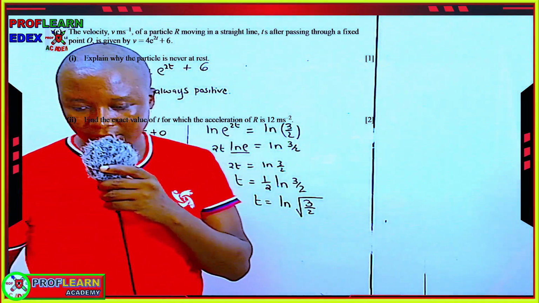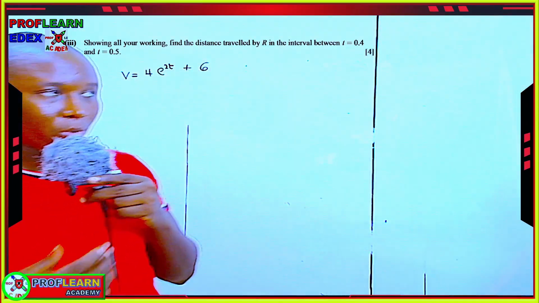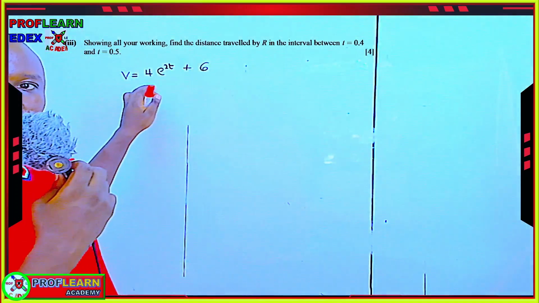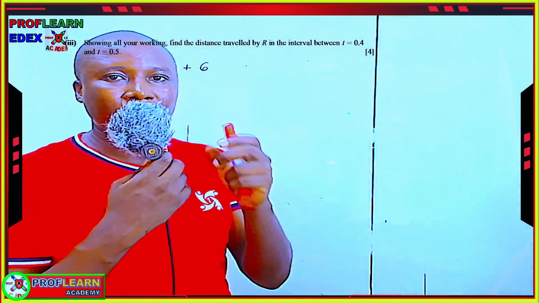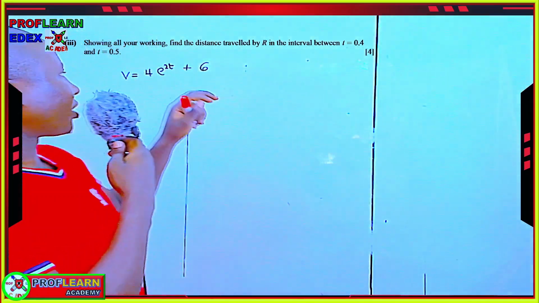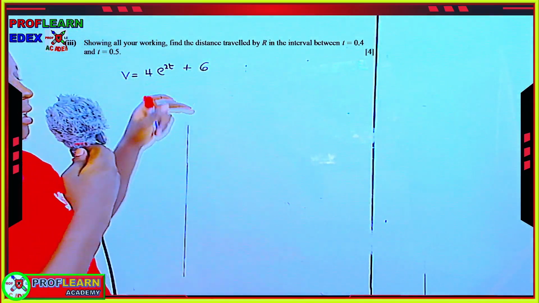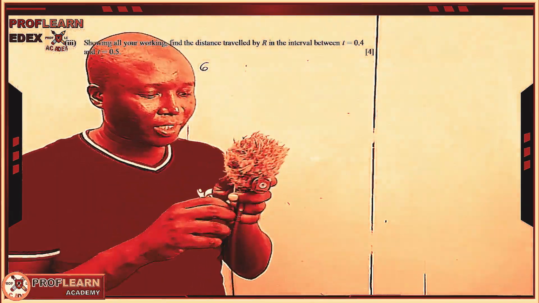Whenever you are given a velocity-time equation, to work out the distance in the interval, you are supposed to integrate it within the limits provided.